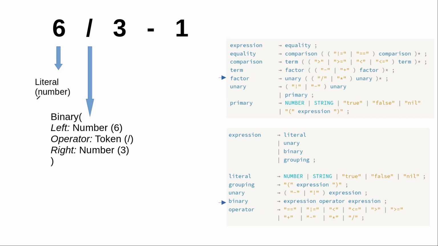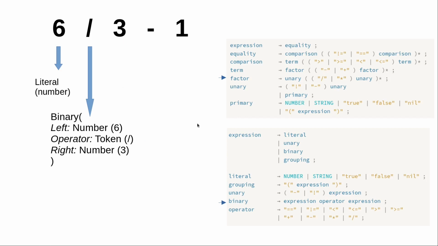So binary has 3 different things we pass into it: a left expression, an operator, and a right expression. In this case, what's left of it is the number 6. The operator is this division token. And what's right of it is the number 3. Yes, it is. And that's how we get the binary grouping for this.